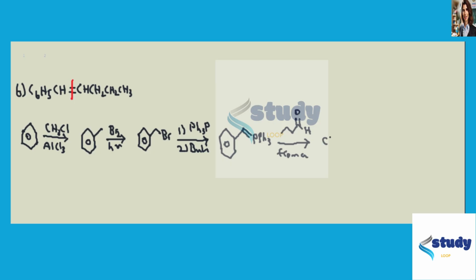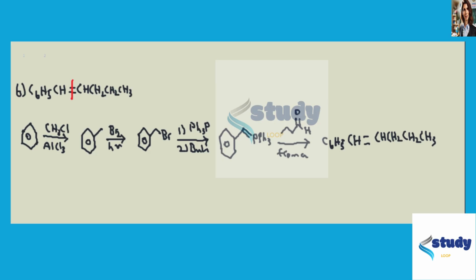That gives us what we need: C6H5 CH double bond CH CH2 CH2 CH3. So there's our final product.